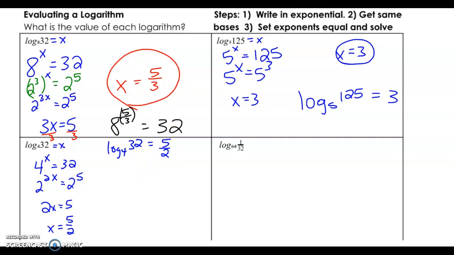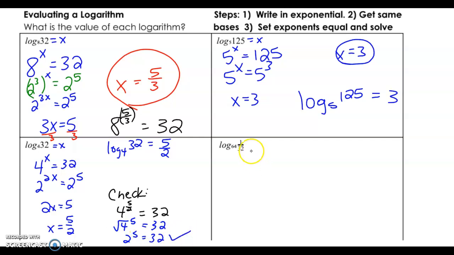To check your work, we can't do that on the calculator, but what we can do is see, is 4 to the 5 over 2 the same as 32? We could even rewrite this as the square root of 4 all to the fifth. Does that equal 32? Yes, 2 to the fifth is 32.